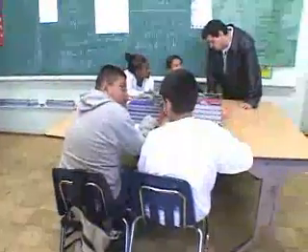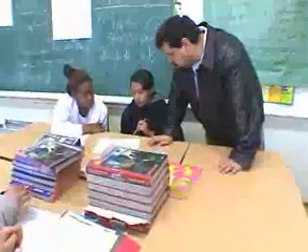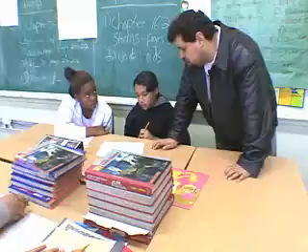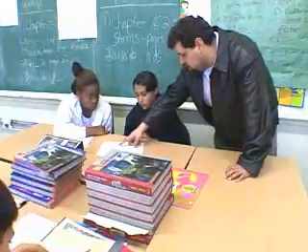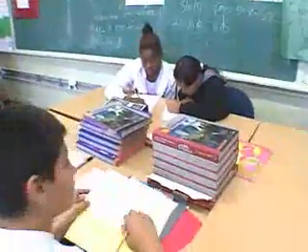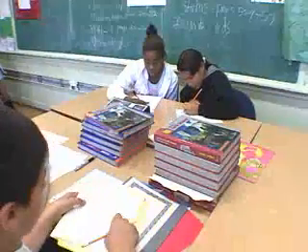Wait, times 150, it'll be a little bit more, because 5 teachers is 750, and 2 students is 180, so you have to add 750 plus 180. You just have to be a little bit careful when you're computing problems.